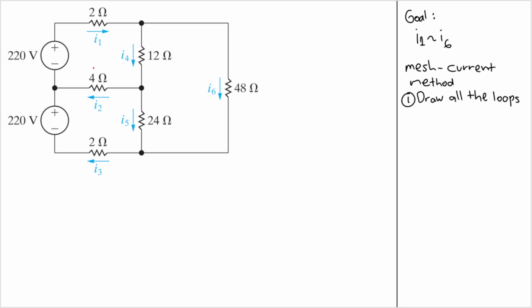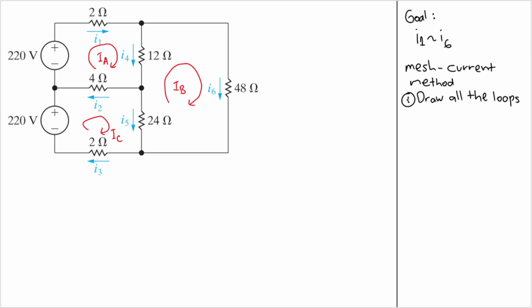Let's name this loop here as IA, this loop here as IB, and this loop here as IC. So we have 3 loops, IA, IB, and IC. All of them are unknown, right? Because we don't have any current source.